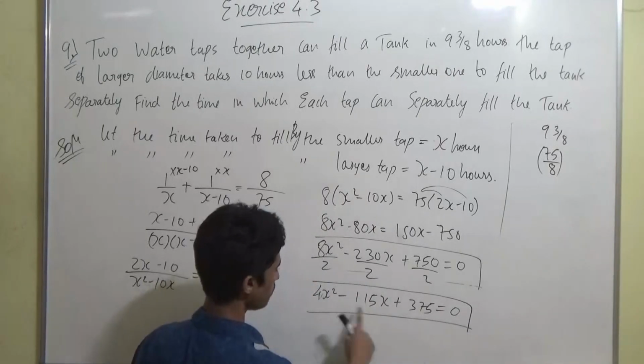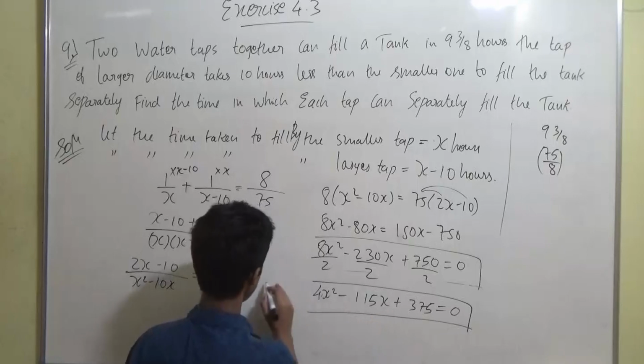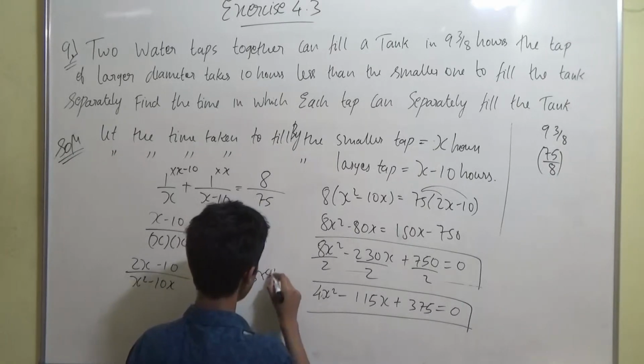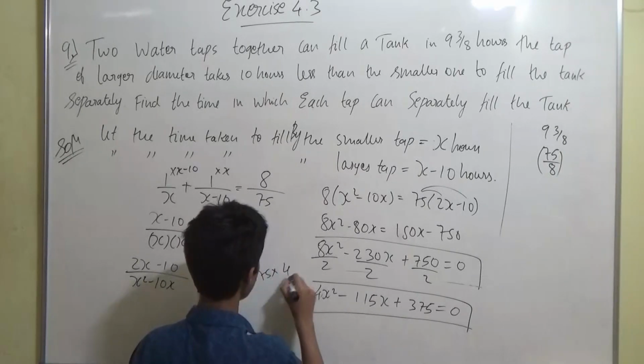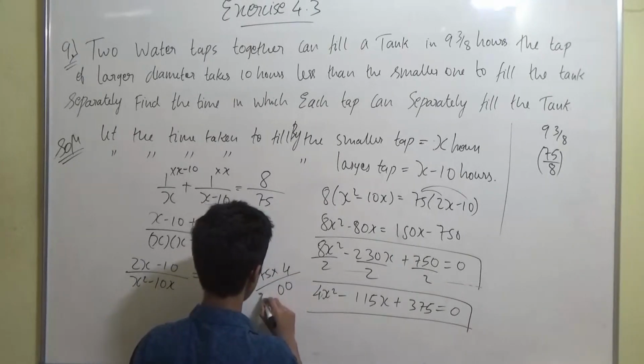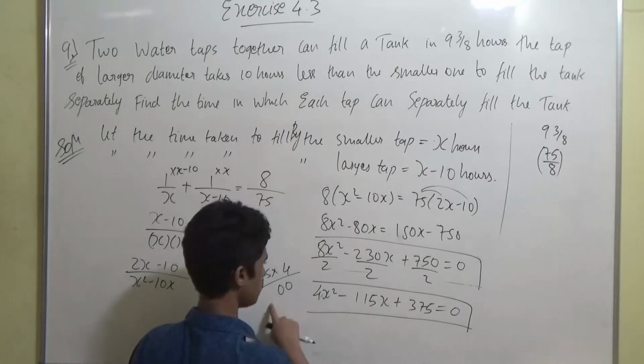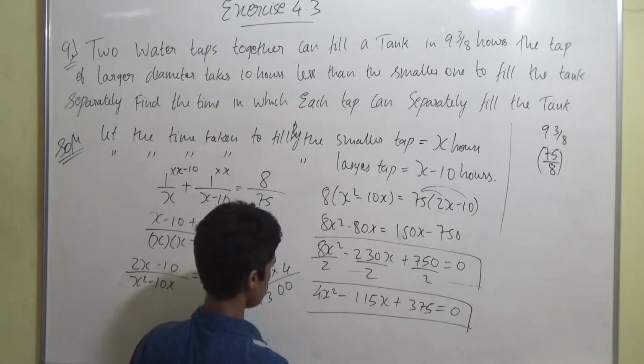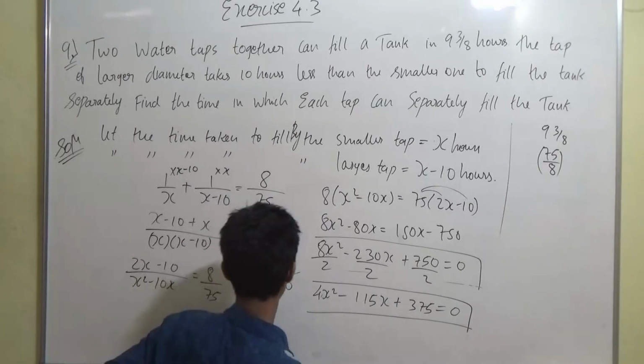One minute, guys. If I multiply these two terms, let me see what it is coming. Let me see if by factorization method we can solve it, whether it is easy to solve by factorization. Right, just a minute, guys.